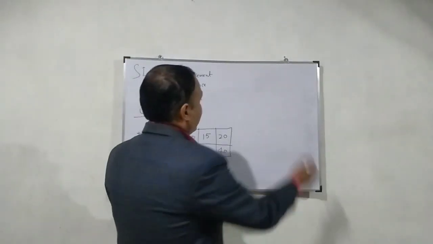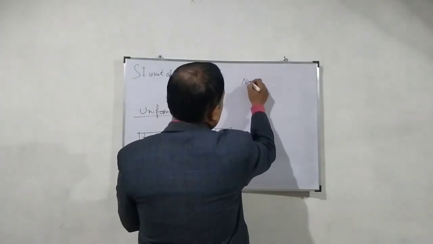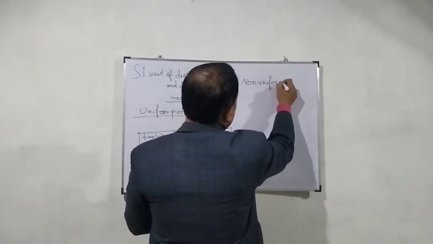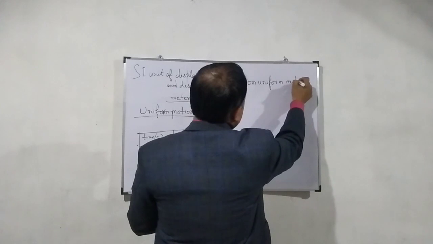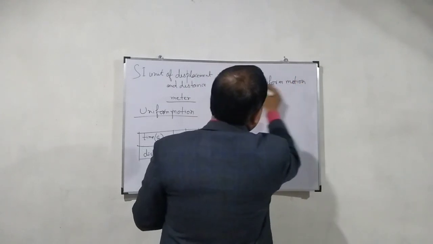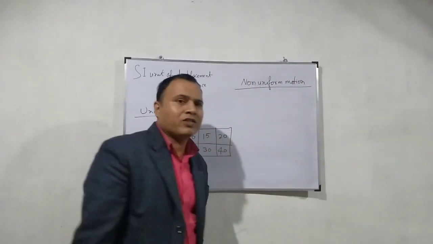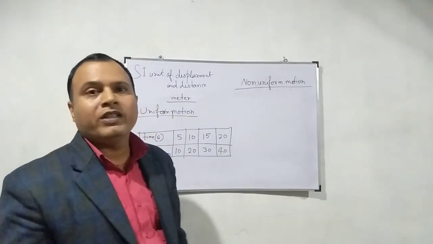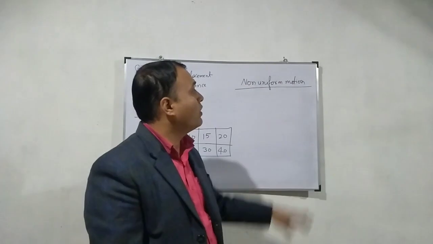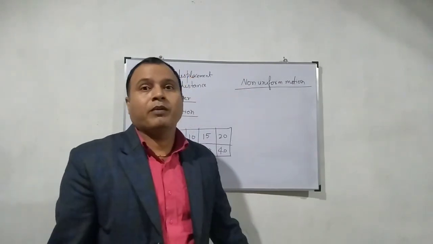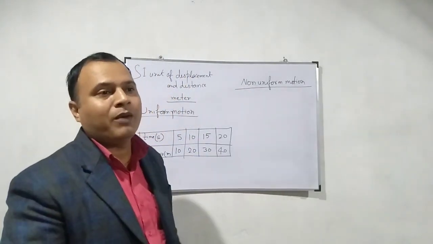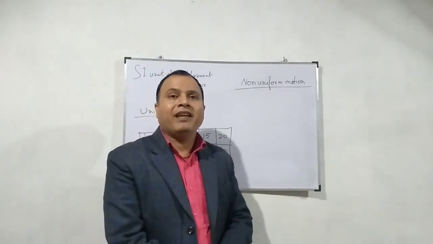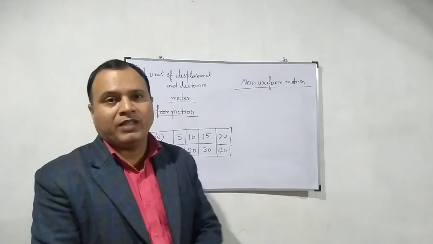Now, non-uniform motion. Motion of a car, bus, bicycle or bike on the road is non-uniform motion, because if we travel from one place to another place by road, the speed of our vehicle differs from time to time.